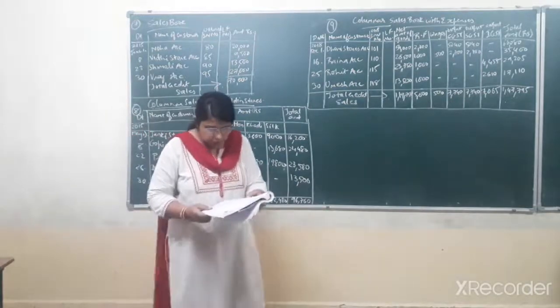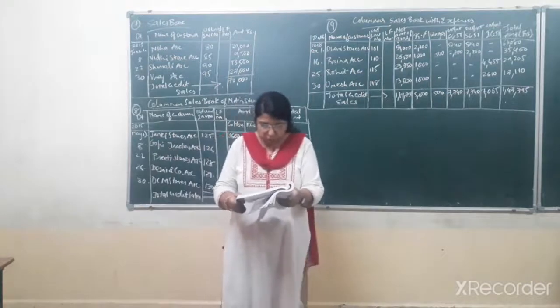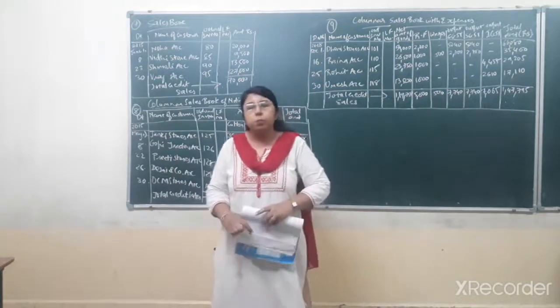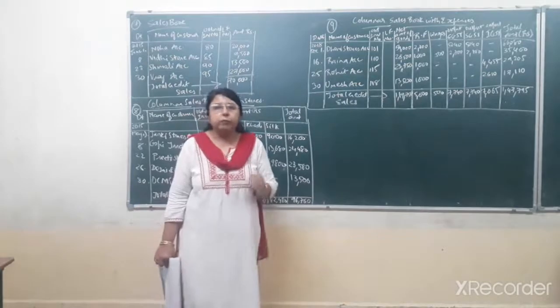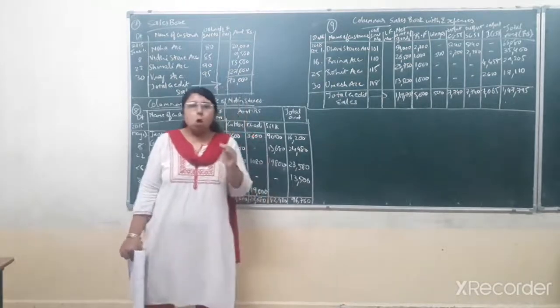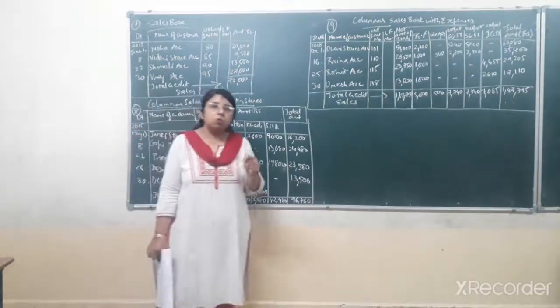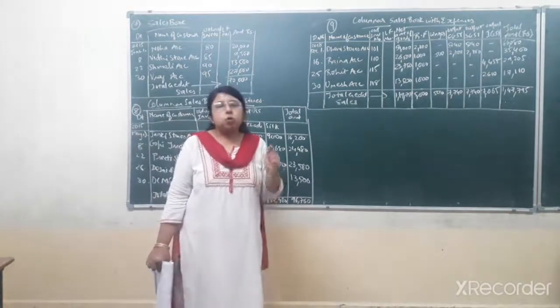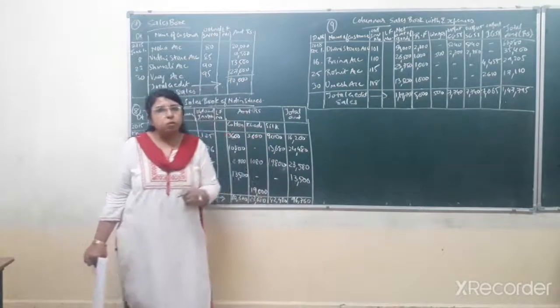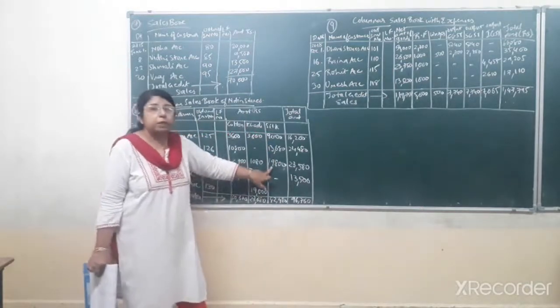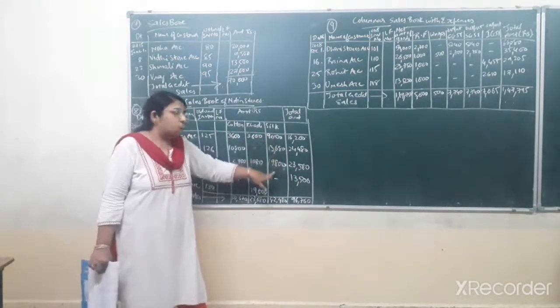And the last is 100 meters silk cloth at rupees 220 per meter. So 100 into 220 comes to 22,000. On 22,000 we subtract 10% trade discount, which comes to 2,200. So 22,000 minus 2,200 comes to 19,800 in the column of silk.